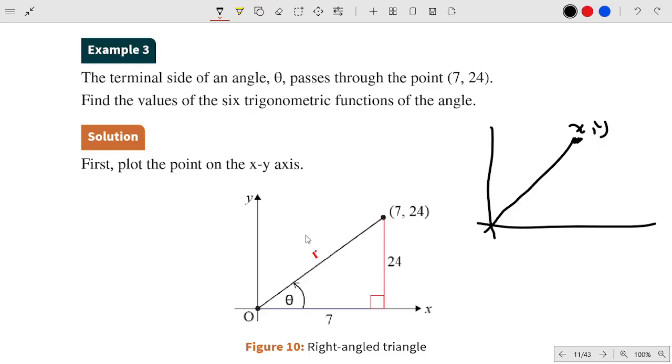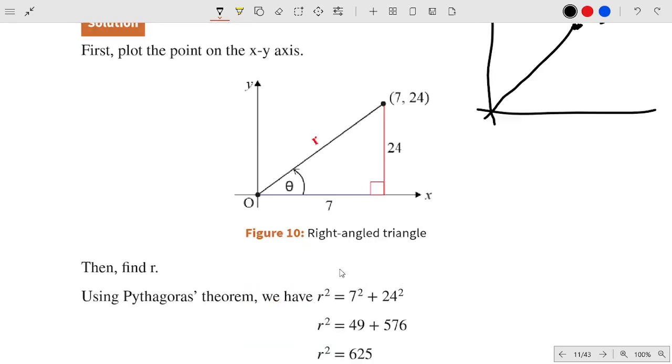It says that the square of the hypotenuse is equal to the sum of the squares of the other two sides. So r squared should be equal to 7 squared plus 24 squared.